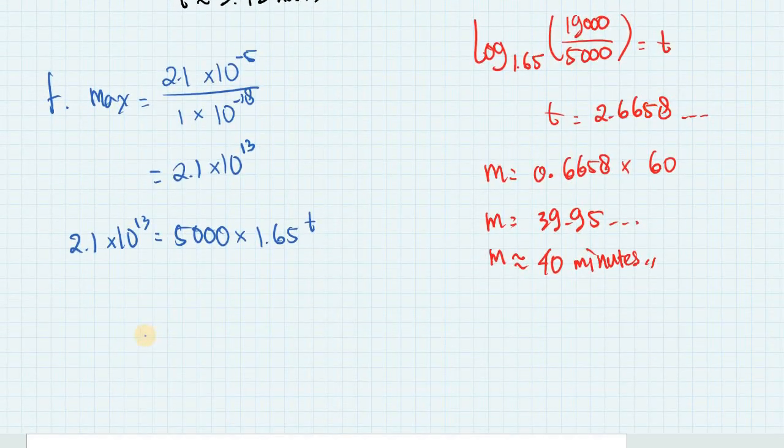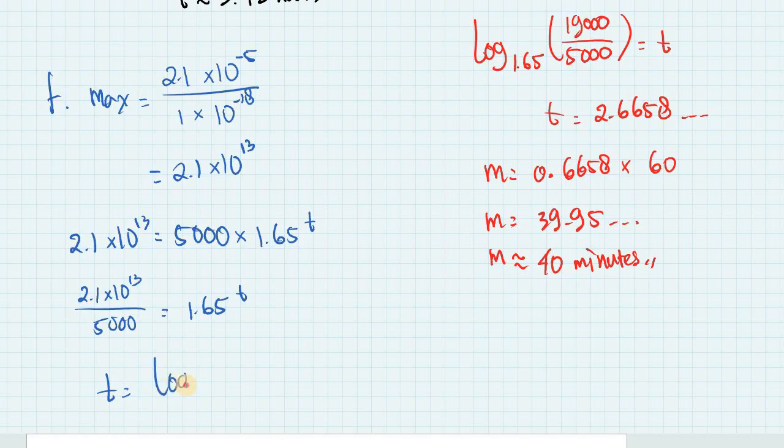So we divide it all by 5,000. So 2.1 times 10 to the power of 13 divided by 5,000 equals 1.65 to the power of t. We will use the log again. So t is equal to log base 1.65 of 2.1 times 10 to the power of 13 divided by 5,000.